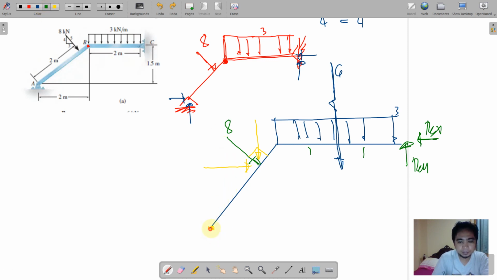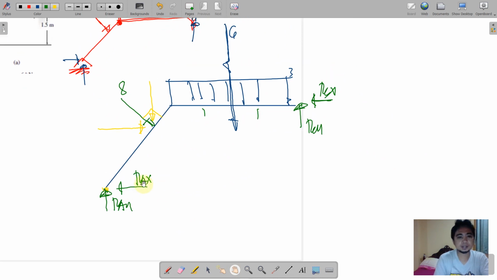So, we have here RAY, and let us assume leftwards for that. Say this is RAX. Ngayon, if we notice, there are 4 reactions already.